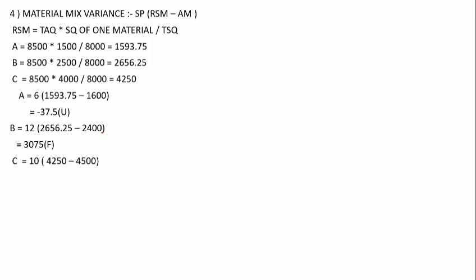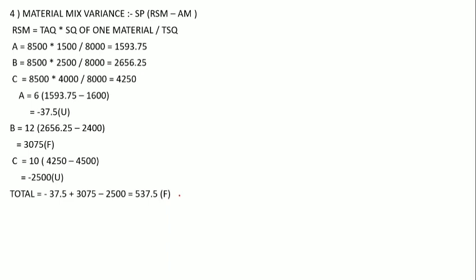For chemical C, 10 in bracket 4250 minus 4500. So the answer is minus 2500. Now make the total of these three variances, these three materials: minus 37.5 plus 3075 minus 2500. So the final answer is 537.5. As this answer is positive, write it so.